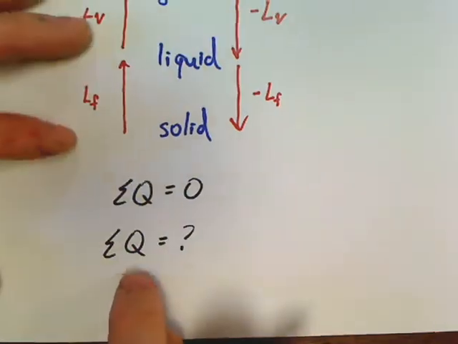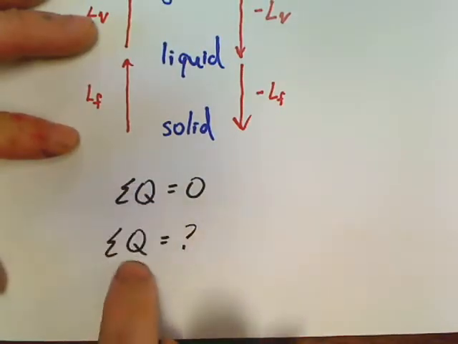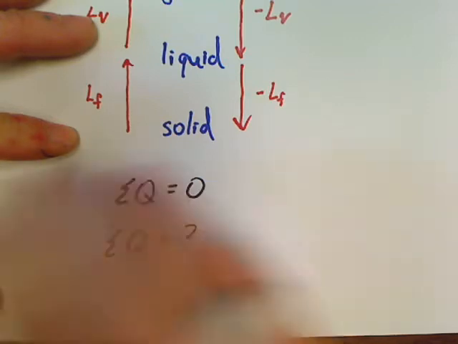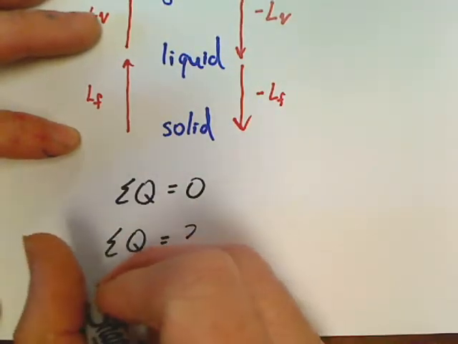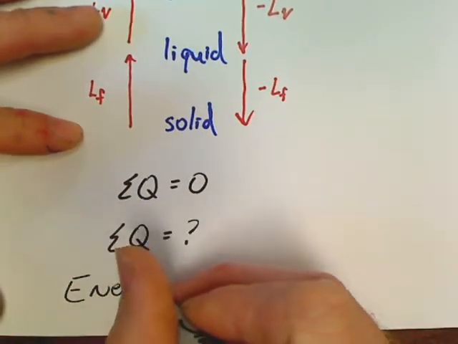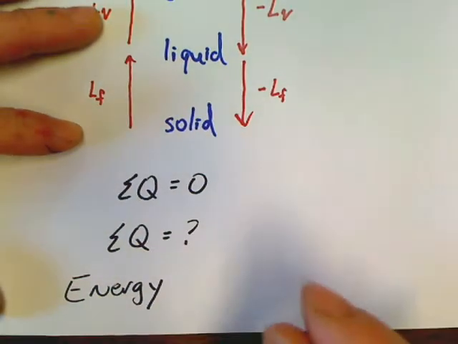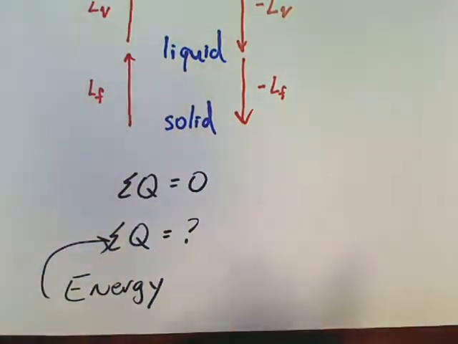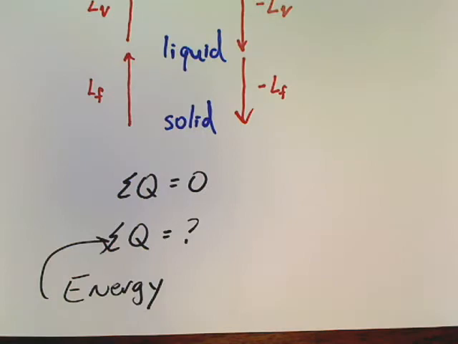Right off the bat, you should be wondering, how do I know if I'm going to do the sum of the Q equals 0 or the sum of the Q equals what I'm looking for? If the question just comes straight out and asks you to find energy, that's going to be this one, where you're actually doing a sum of the Q's.